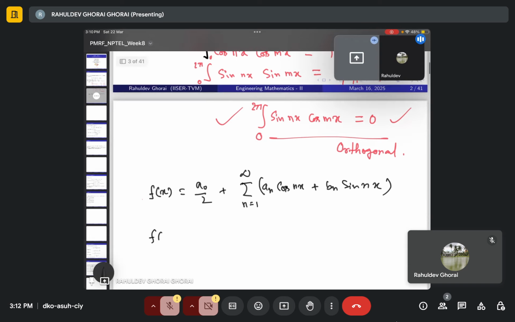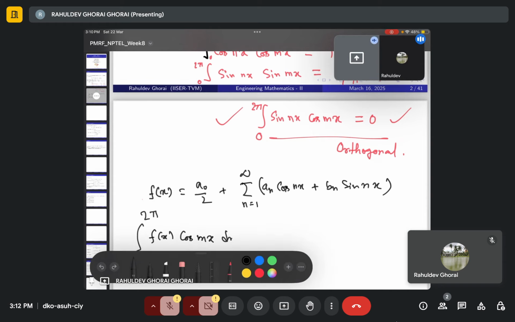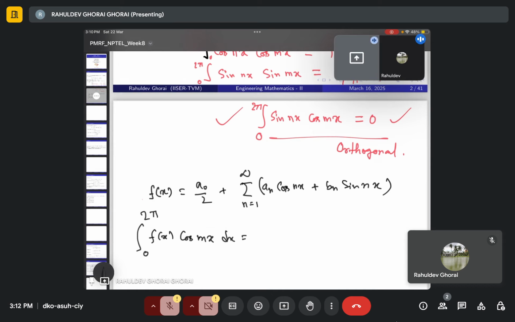If you multiply f(x), both sides of this equation, by cos mx, and take the integral from 0 to 2 pi, and we don't forget to write dx also, so that you are writing the integral. So a naught over 2 is a constant, it will be taken out, times the integral of cos mx from 0 to 2 pi. I multiplied both sides and took the integration of both.